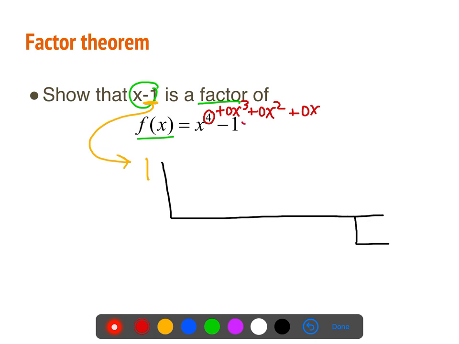Now we make sure everybody's in order from highest to lowest exponent. We got fourth. Oh, there's no cubes. There's no squareds. There's no x's, but there is a number. So I'm going to put these across the top row. 1x to the fourth, 0x cubes, 0x squareds, 0 x's, and then a -1 for the number.